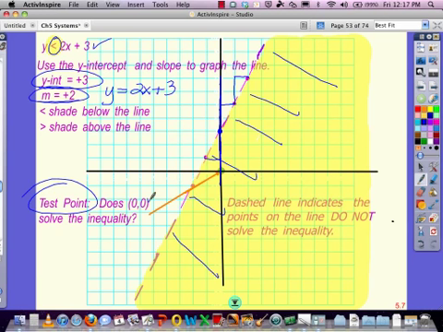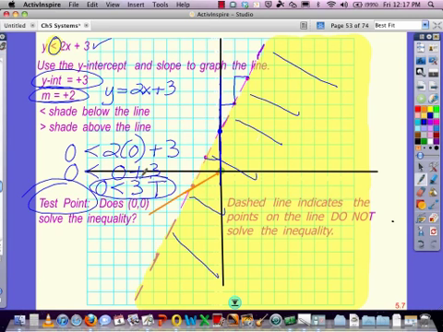So 0 would go in for y is less than 2 times 0 plus 3. 2 times 0 is 0. 0 plus 3 is 3. Is 0 less than 3? Which it is, so we know we have a true statement. That's the side of the line you should shade, the side that that point is on.